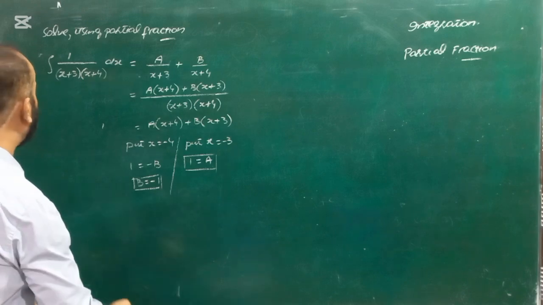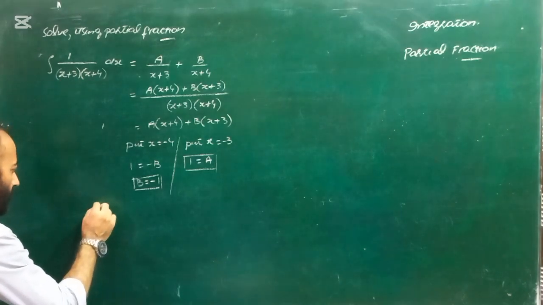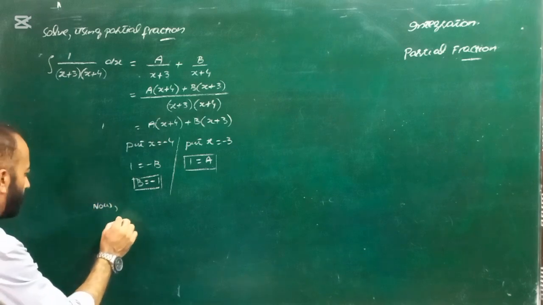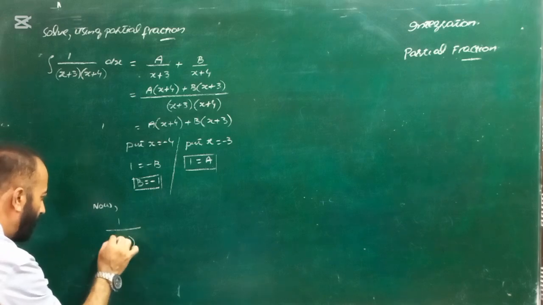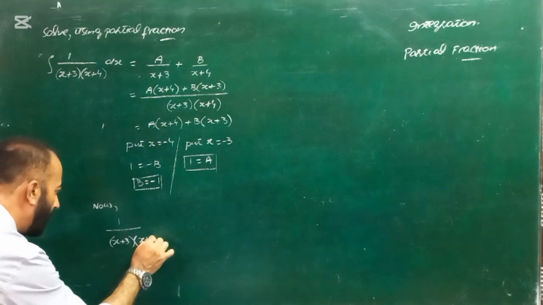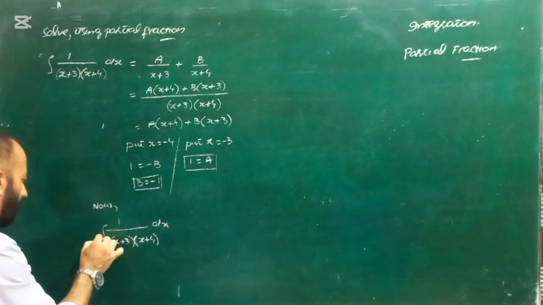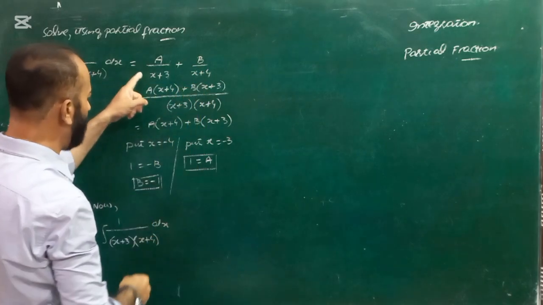So at this step, now 1 over x plus 3 into x plus 4, integral will be equal to this. So we are going to put the values of a and b here.